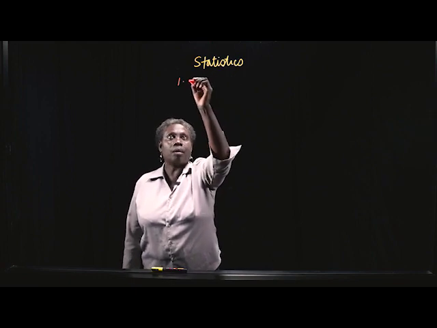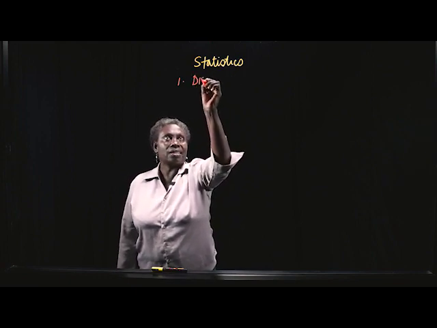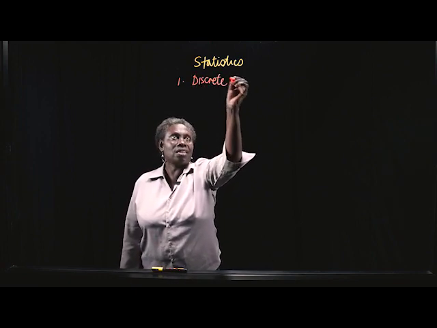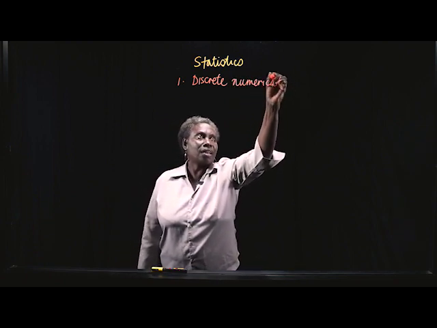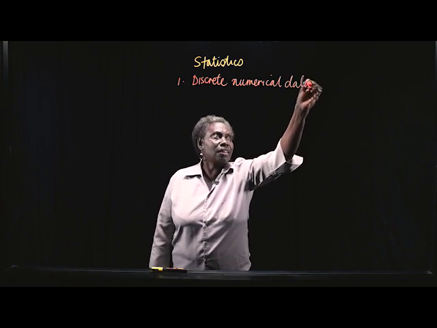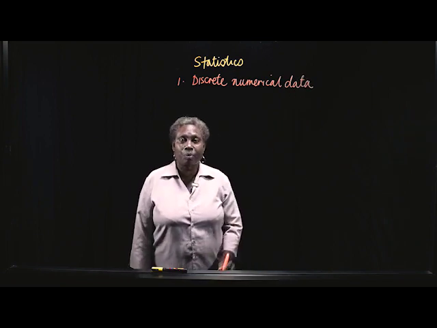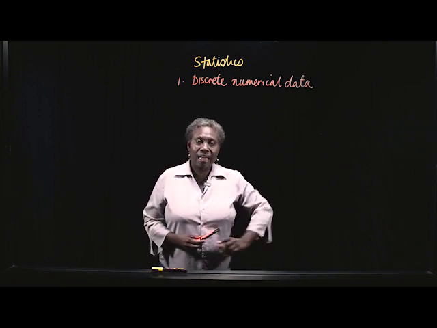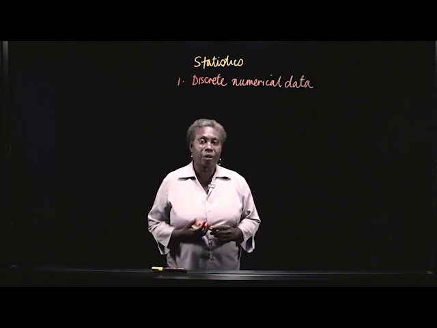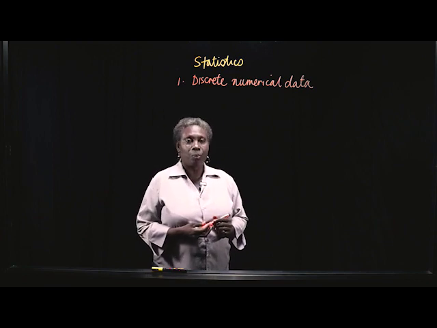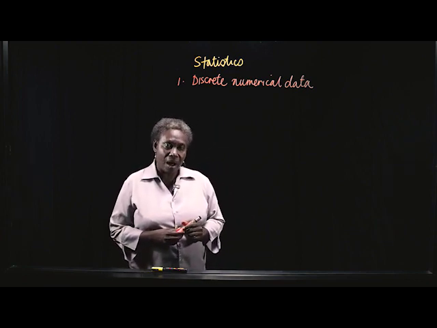We'll start with discrete data. We call it discrete numerical data. Discrete numerical data is data that is collected by counting. Let's look at an example of how discrete numerical data can be collected and displayed on a graph.